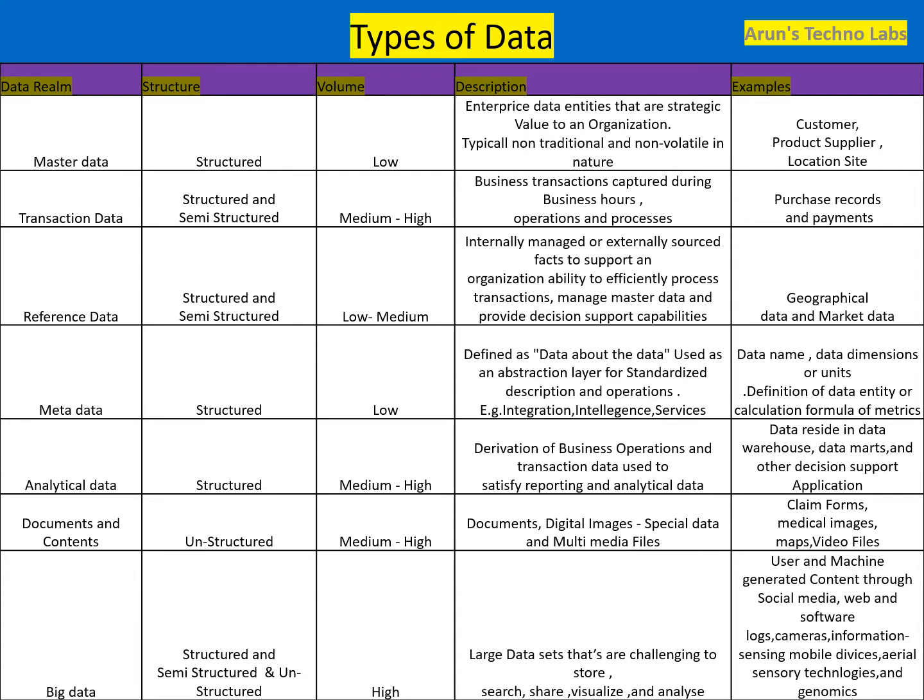This data has to be collected, and we call it analytical data. Documents and contents: a product will have digital images or videos. Each product has some videos associated with it, and all of these are stored in documents and contents.